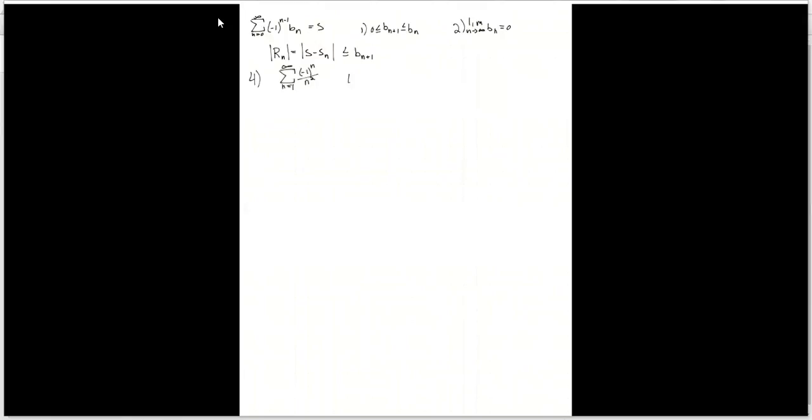So now, what n do we need to estimate to within 0.004?